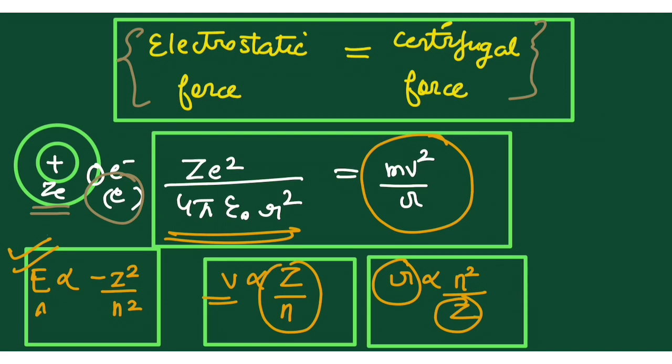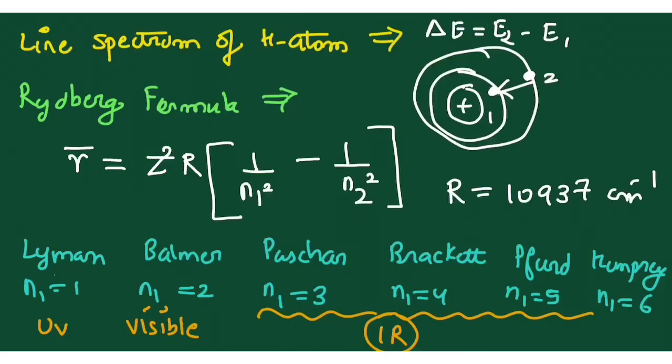Okay. Now coming on to the next slide, 23rd slide. Line spectrum of hydrogen atom. I am taking the higher one as 2 and the lower inner one as 1 energy level.